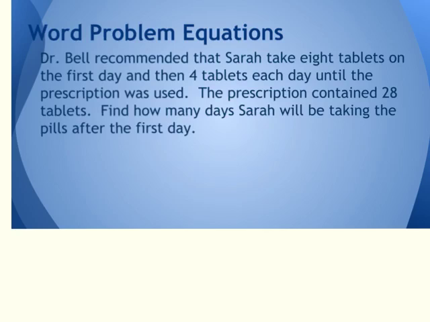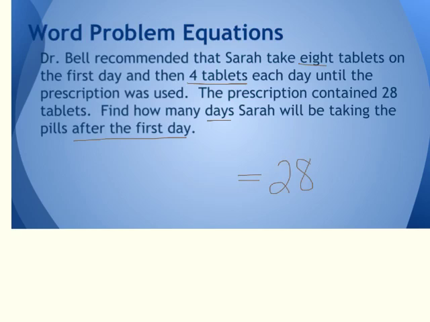Okay, so the unknown here is days. How many days, and this is weird, after the first day. So the first day, she takes 8. Each additional day, she takes 4. Altogether, there are 28 pills in the bottle.